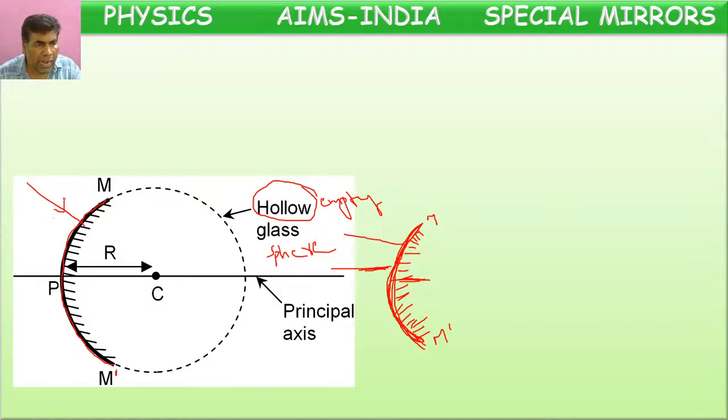Light falls on the other surface and is reflected back into the space.